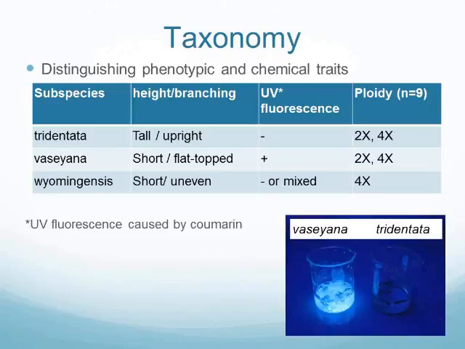So I'm not going to spend too much time up here telling you about sagebrush. You probably know it better than I do, and its importance to ecology. But I will review the taxonomy that we use to distinguish different subspecies of big sagebrush.